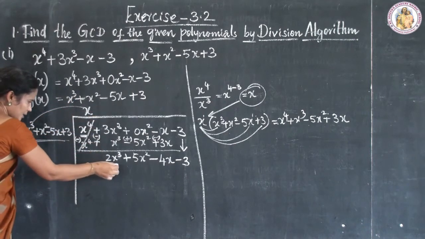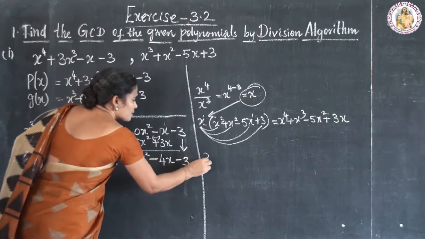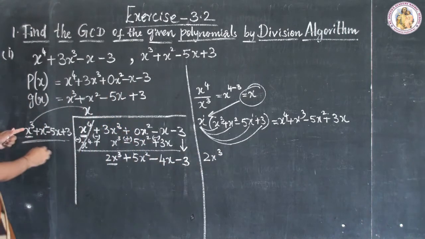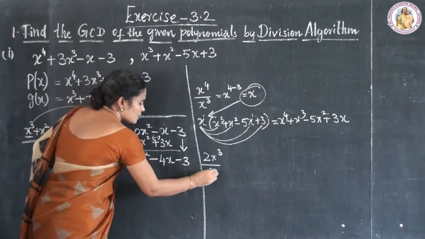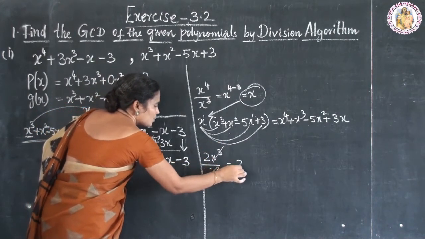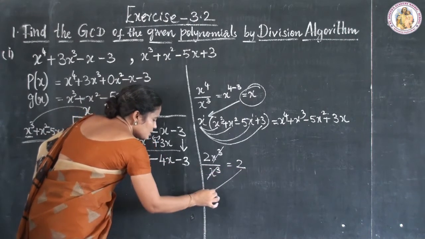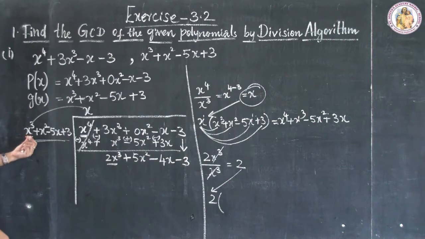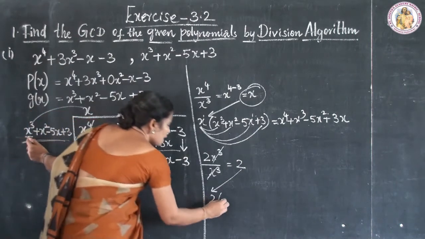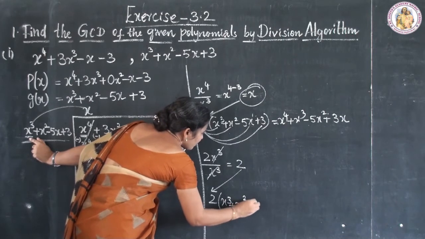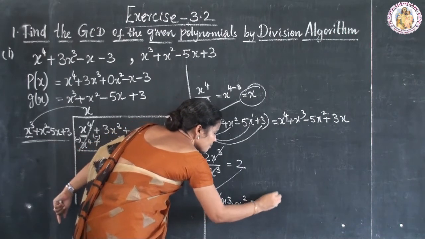Take the first term 2x cube and from the other side x cube. Divide, x cube cancels, we get 2. Now write this 2 and take g of x: x cube plus x square minus 5x plus 3.